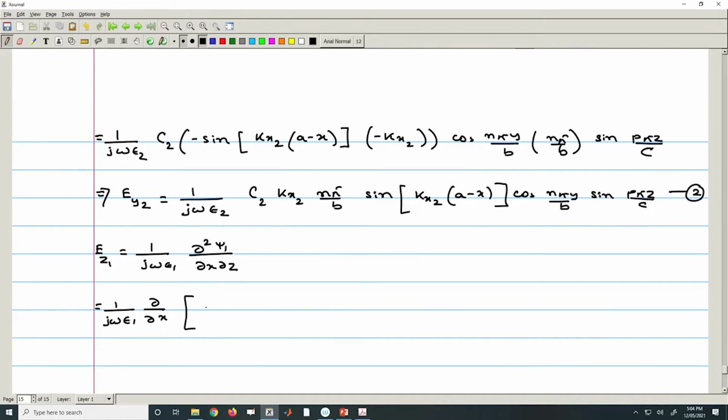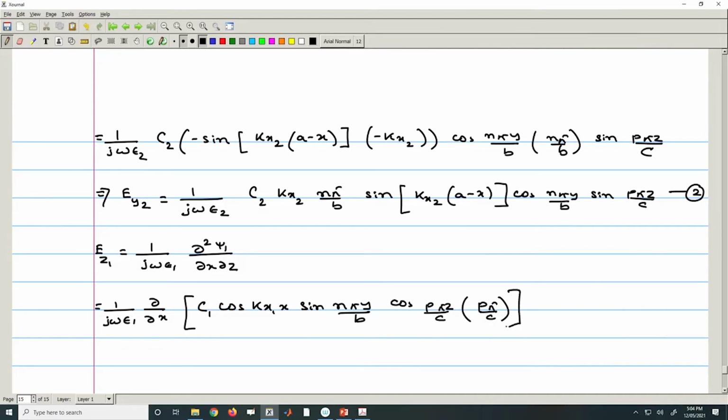So we will have this one as c1 cos of kx1 x sin nπy upon b. With respect to z, we will have cos pπz upon c multiplied by pπ upon c.